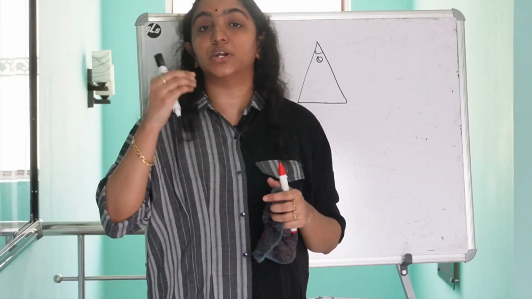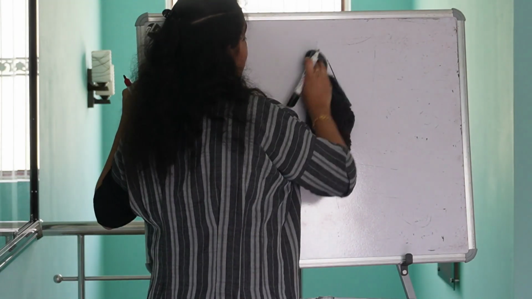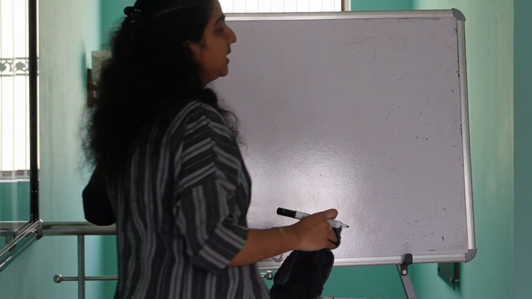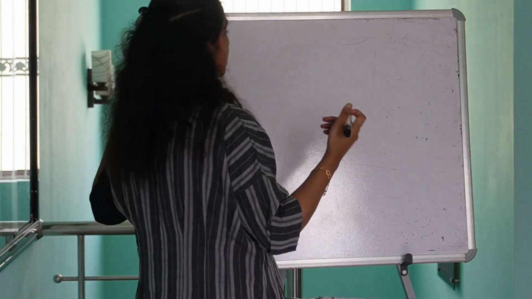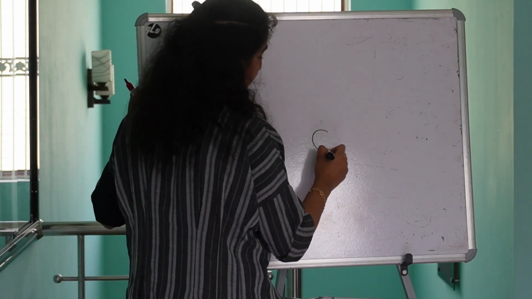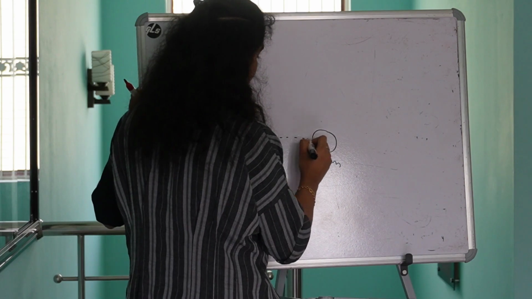That's why we are not using the parallax method for measuring the distance to far off stars. But we can use the parallax method for measuring the distance to nearer stars. So how do we measure the distance to such stars? Yes, let's try to understand. This is the sun.